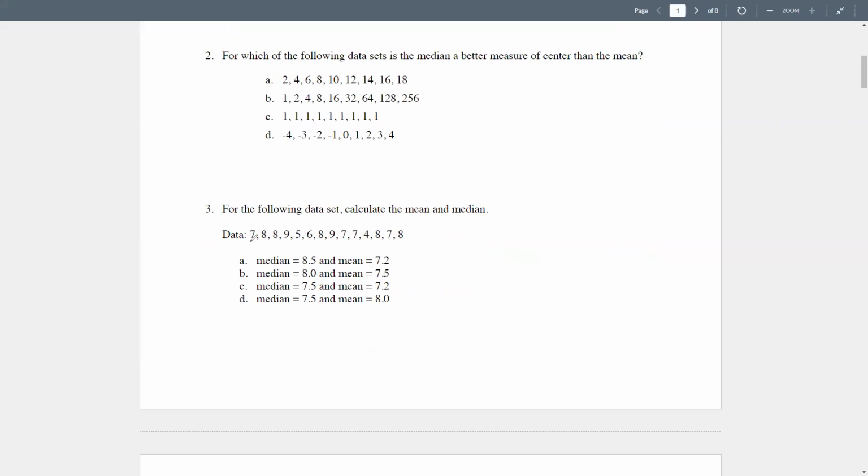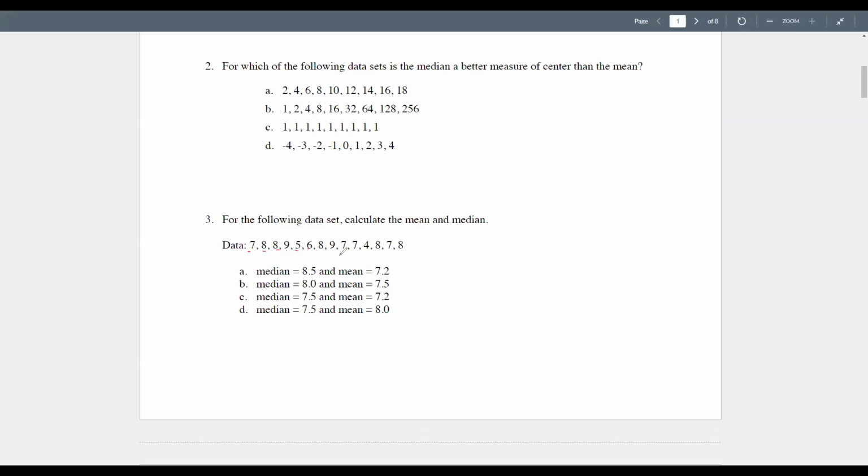Can I just say, let's see, 1, 2, 3, 4, 5, 6, 7, 8, 9, 10, 11, 12, 13, 14. Okay, that's 14. So what I think the median will be here, can I say it's the two numbers in the middle because it's 14?